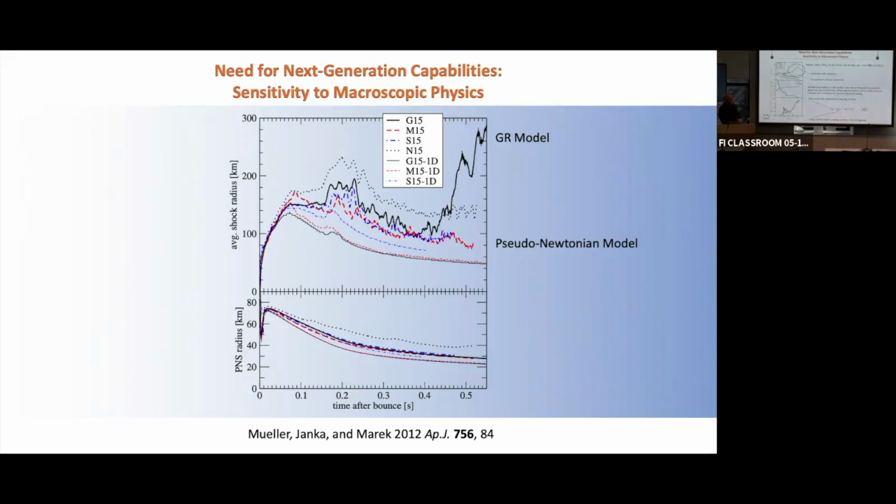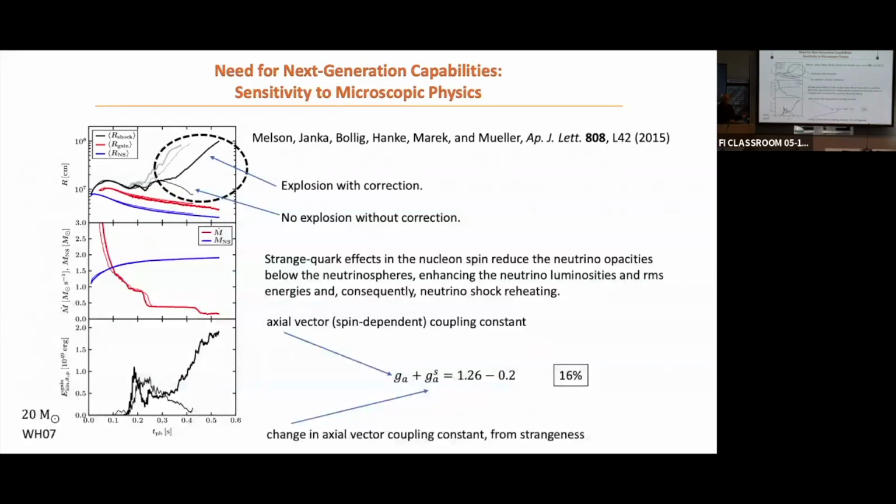Then if we go to the sensitivity to the treatment of the microscopic physics, here we have an example where explosion versus failure is dictated by essentially changing by of order 15% the coupling constant for the axial vector coupling for neutrino scattering on nucleons. Now, neutrino interactions on nucleons are among the most important in the weak interaction set. So if you're going to mess with one of the cross sections, you're going to mess with this one.